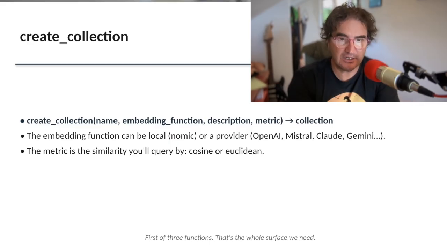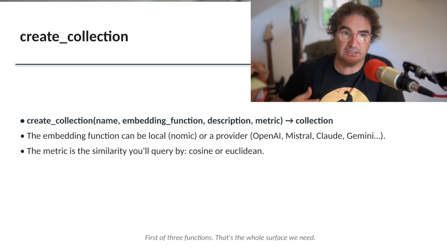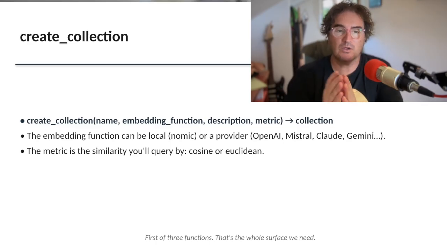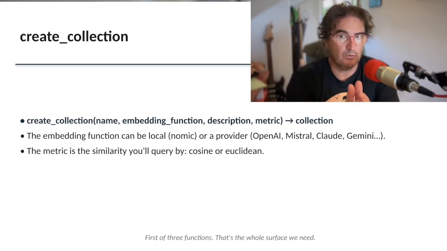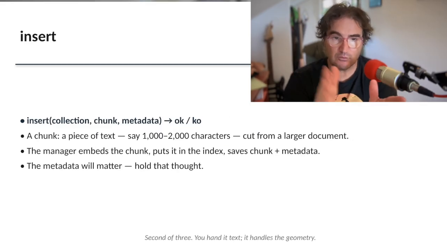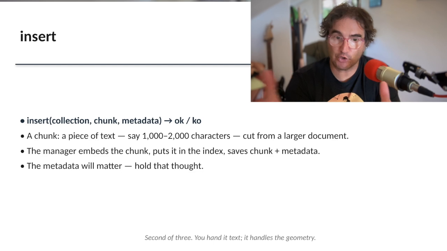Now in this collection, what we can do is insert into the collection what we call chunks. If we have, for instance, a large document that we want to RAG, what we're going to do is break down this document into different chunks by number of characters or number of tokens even, or we will see different ways of chunking.